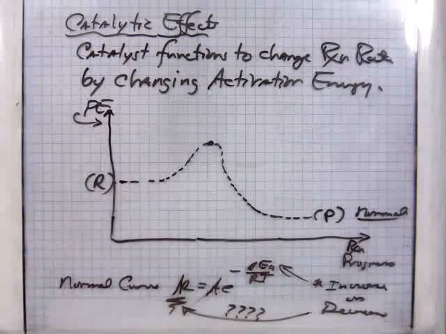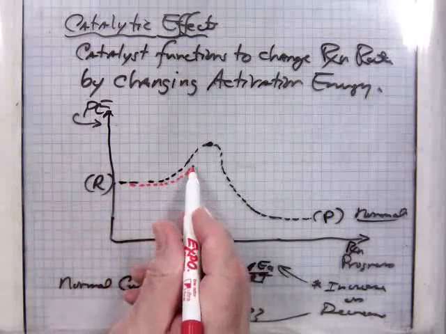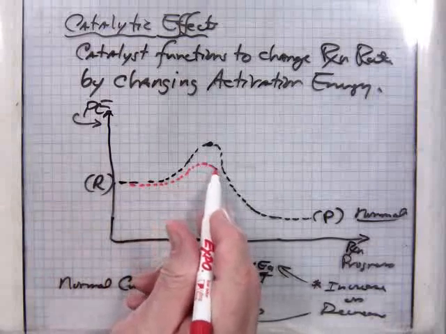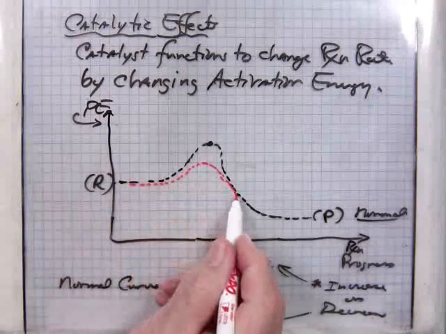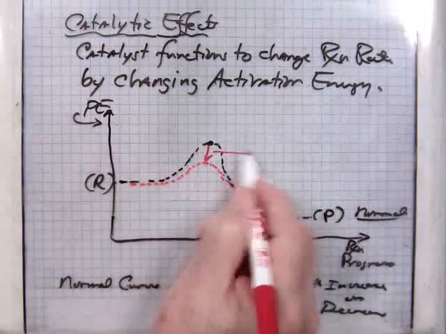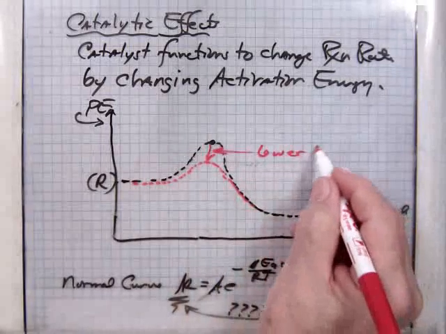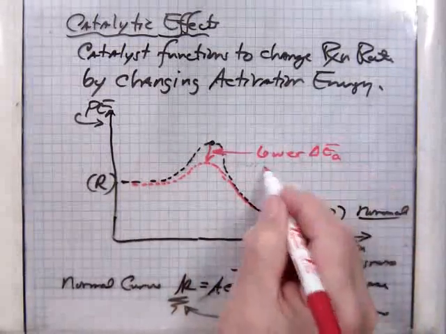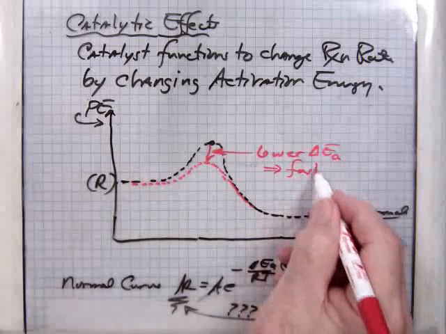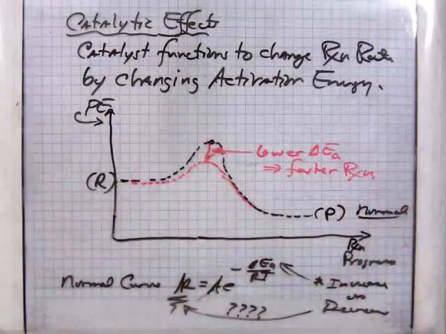You would have to make a lower hill, so that whatever happens in the reaction progress, you have to lower the activation energy. So it's a lower hill to roll over.